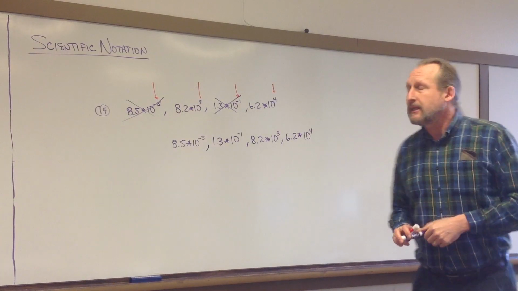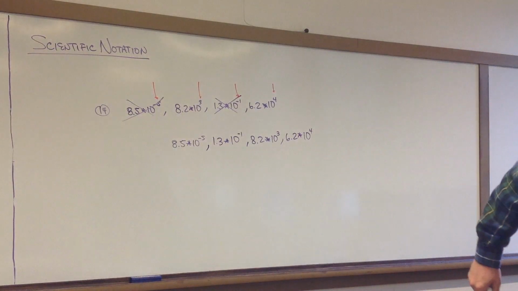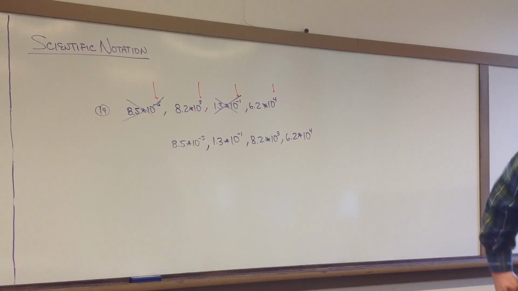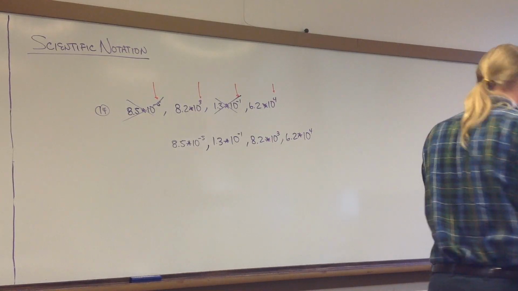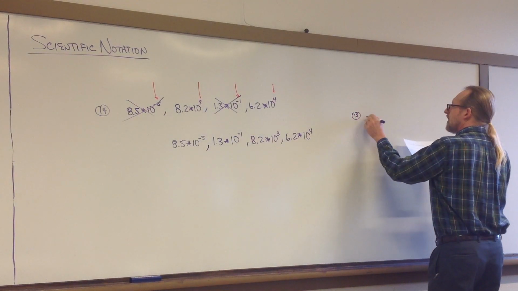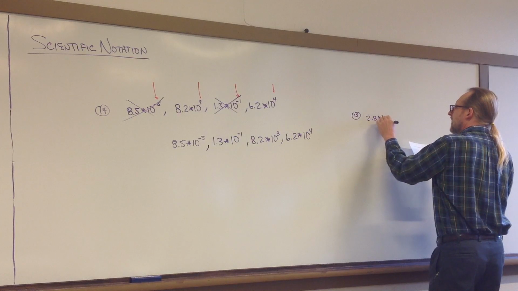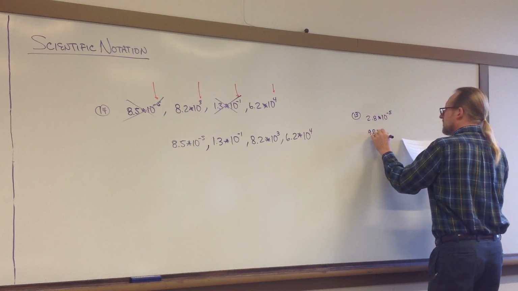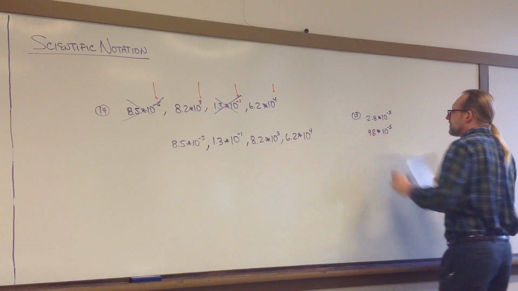Now this example didn't have any powers that were the same. Let's see if any of your other examples do. In problem 13, I'm not going to do the whole problem, but you've got something like 2.8 times 10 to the negative 5th and 9.8 times 10 to the negative 5th.